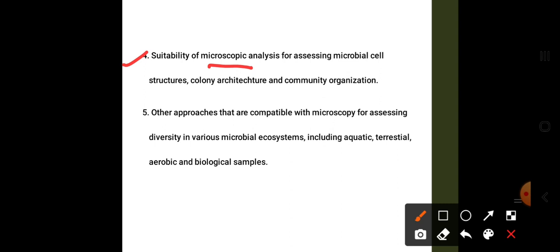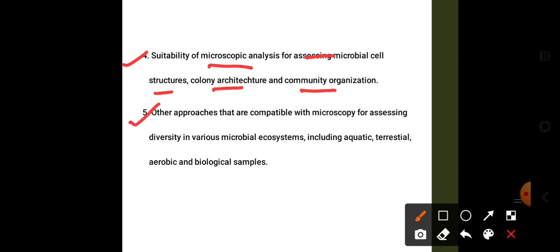A specific microscope is used to study specific specimens or microorganisms for assessing microbial cell structures, colony architecture or colony characteristics, and community organization. Suitability means a suitable microscope is used only for the specific specimens which we need to study.